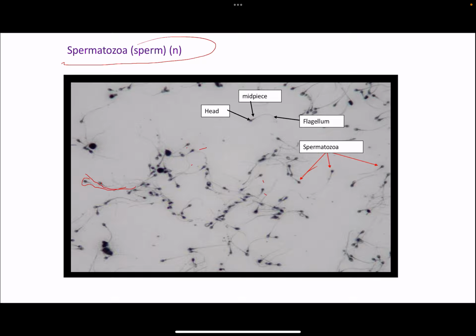Each spermatozoon, or sperm, contains three main parts. You can see the flagellum, which is a long tail-like structure. Then the mid portion, and the head portion over here. Three portions.